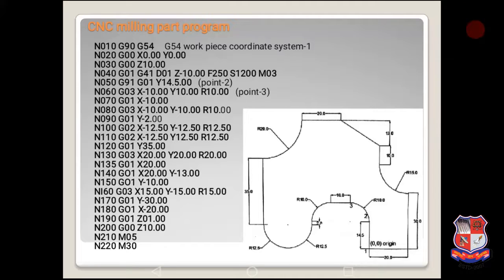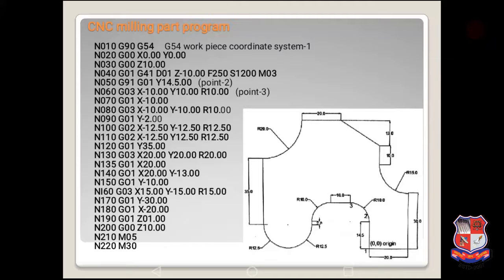Here we want to move straight up to 10 mm in X direction, but at point 3 the value of coordinate X is 0 and Y is also 0. So we move in left direction from that 0. We have to write X minus 10 with command G01, that is for linear interpolation.